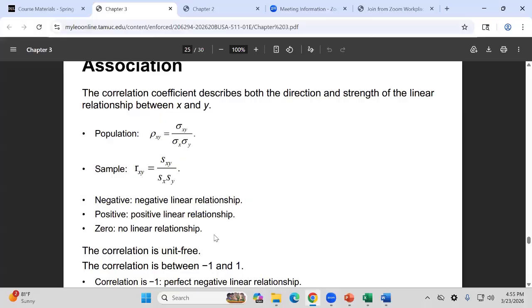If you have 0, that means if you change one data set, the other data set does not change. -1, if you change, let's say you change data set A positively, the other data set will change negatively. Yes. This is how you show the relationship between two data sets. Use correlation.